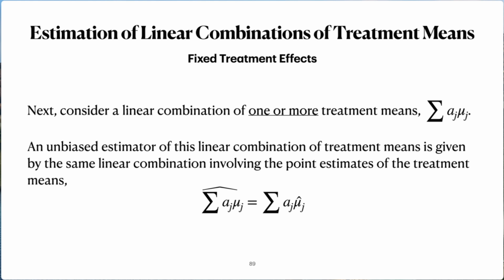An unbiased estimator of this linear combination is given by the same linear combination of the point estimates of the treatment means. So far, this looks the same as we saw in the last lecture, in the last topic.